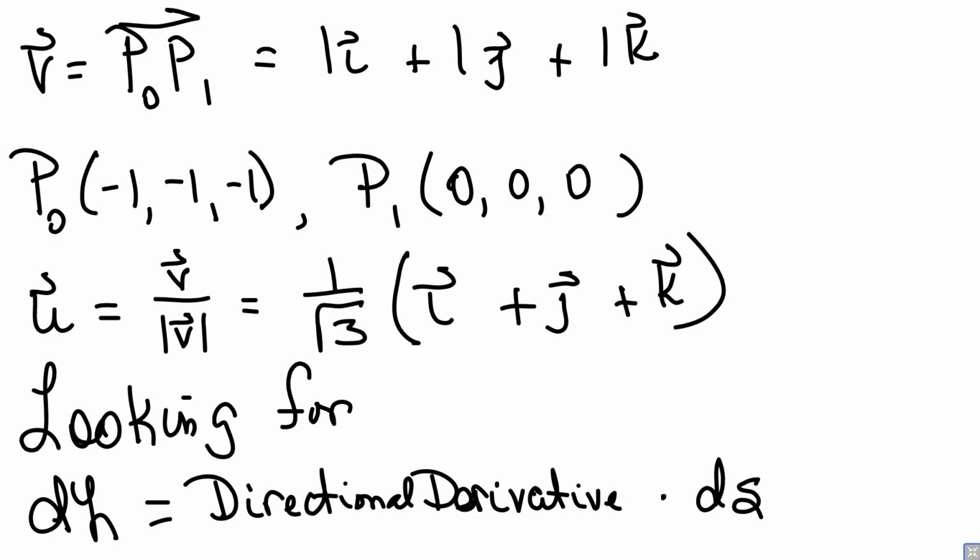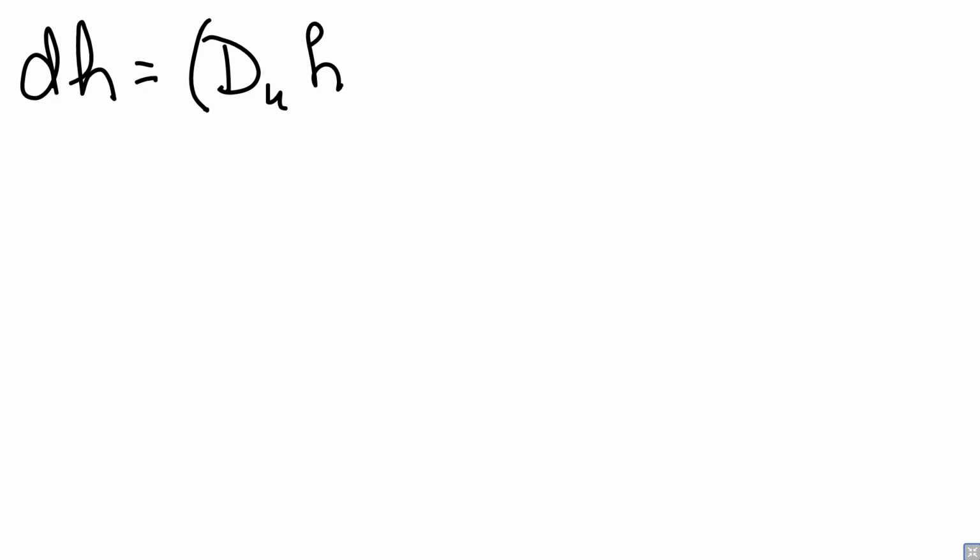Here's how we're going to do this. dh is equal to the directional derivative, du of h, times ds.